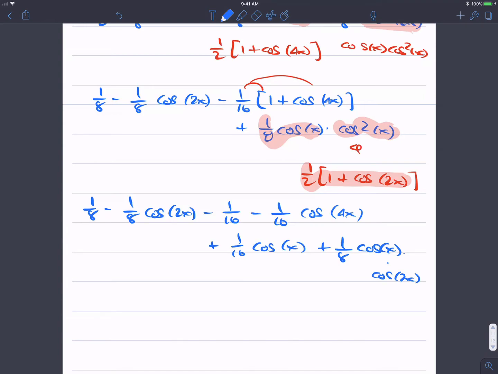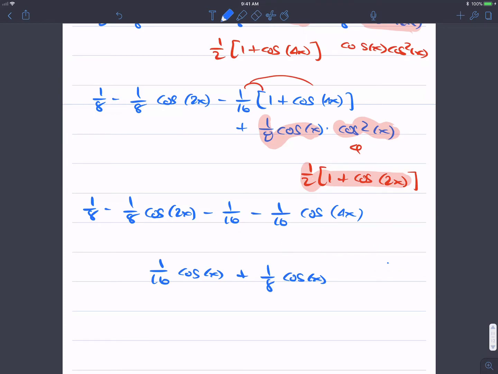Let me be careful here. Let me write it a little bit to the right so we can fit everything in here. 1/16 cosine x plus 1/8 cosine x. Let's get rid of this. Cosine 2x.